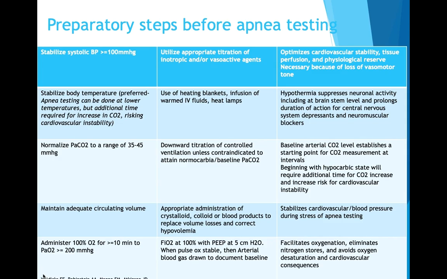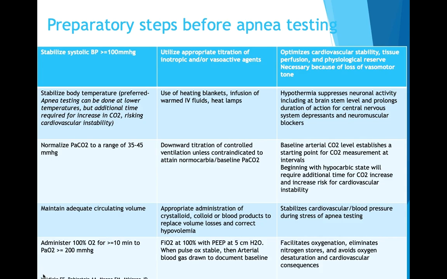So stabilize the body temperature as much as possible. You can use heating blankets, warm fluids, heat lamps, whatever you can, because you don't want hypothermia to suppress any brain activity that you're actually looking for. You want to normalize the CO2, so between 35 to 45. We know that a rise in our CO2 should trigger our brainstem to breathe.